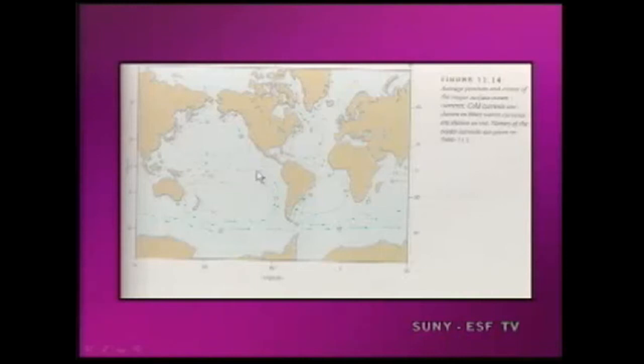Now, this is kind of interesting because it has a big impact on especially our climate and also our fisheries production. So if water's being pulled toward the west here, some water comes from north and south, but it also pulls up water right off the coast of Peru. And this is interesting because one of the problems with fisheries is that sunlight drives the production of algae, which feeds zooplankton, which feed fish, but also nutrients.